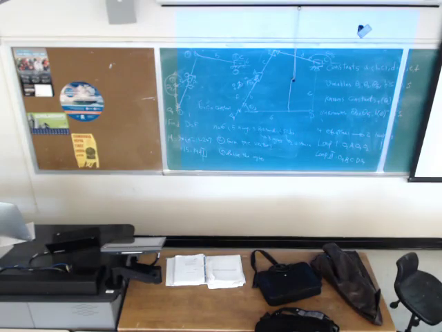Y component: A sine of theta 2 equals F sine of 270 plus B sine of theta 3. Let me just simplify these equations. A cosine of theta 2 is 0, B cosine of theta 3.